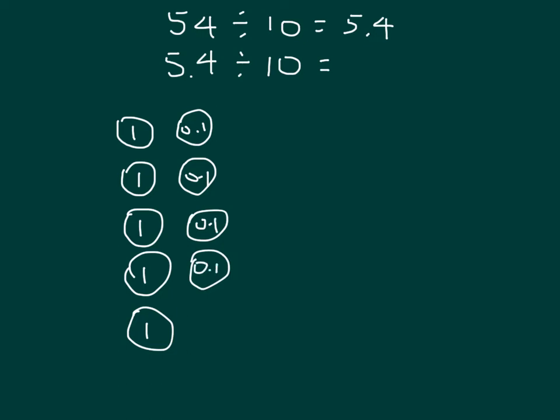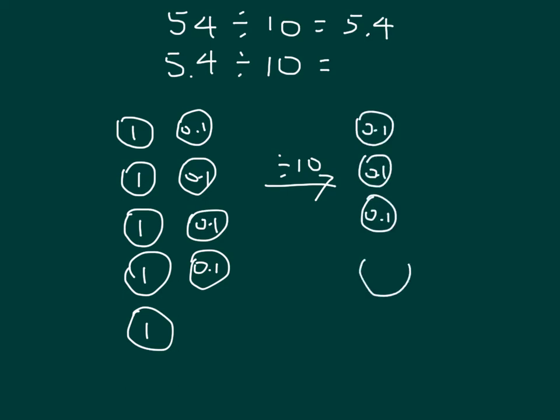What am I dividing by? Still dividing by 10. When I divide 1 by 10, I get 1/10. So for 5 ones divided by 10, I would get 5/10. There's 3 of them, 4, 5/10.